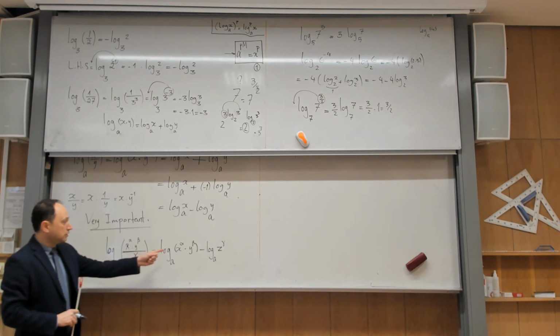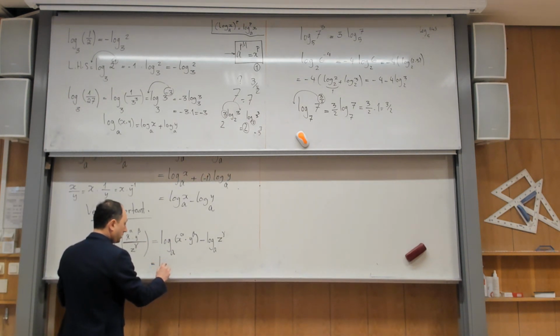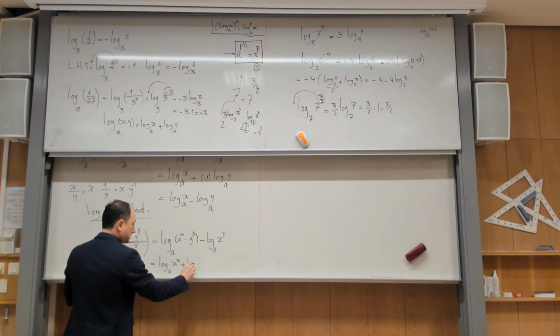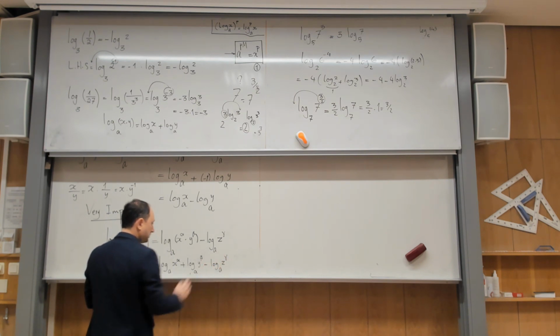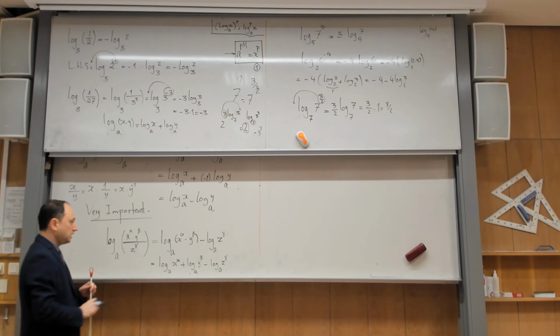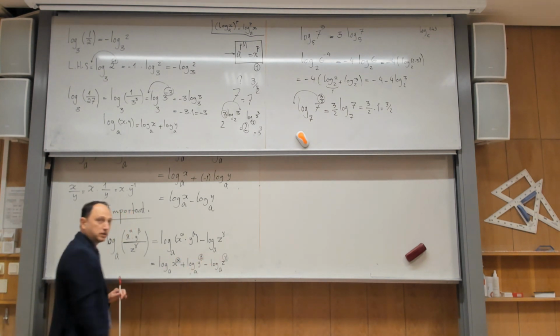But now the product rule can help me, and I can write it as log of x to the alpha in base A, plus log of y to the beta in base A, and then minus log of z to the gamma in base A. And one more step, I can bring all these exponents to the front of the log.